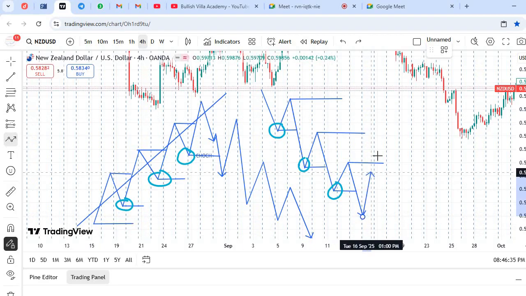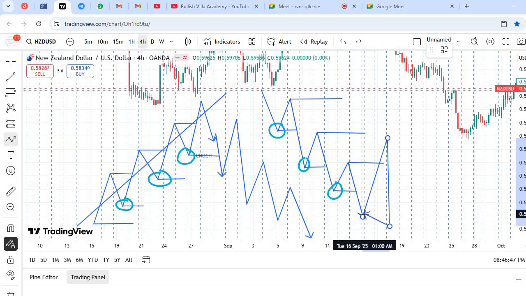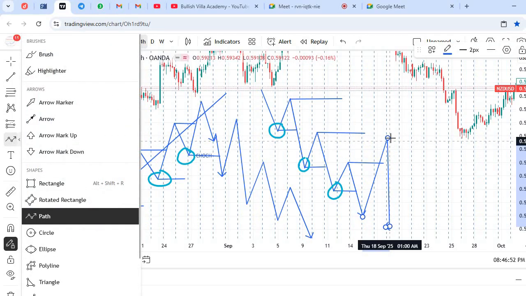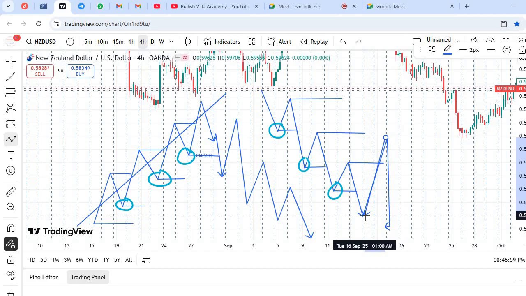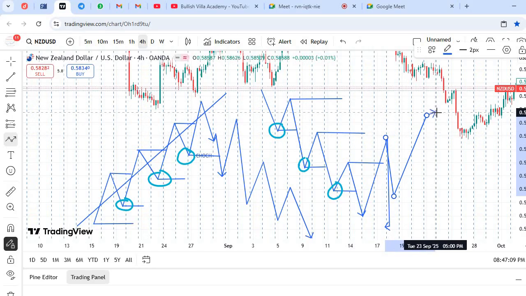So once the last high is taken out and you have a retracement like this, if the retracement doesn't come to take out this last low, if the retracement came back, or maybe gets to the middle or 50%, or any of this place but didn't take out this low, and he now starts going up to the extent that he took out this high, that means there's now a change of character here.